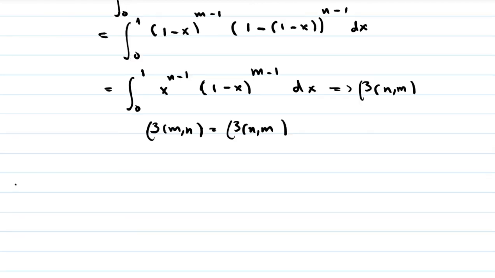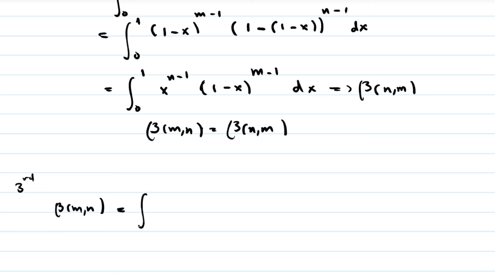Now the last property, the third property, is that the beta function of m, n is equal to the equivalence in a trigonometric form. How can we write this expression again using a trigonometric form?